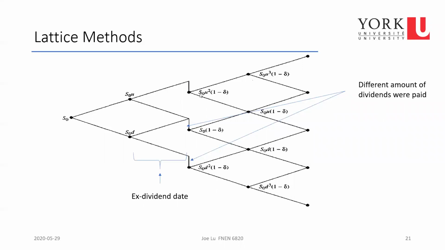And the value of the stock without dividend payment is S naught times U squared for this one. And this will be S naught times U times D, and this one will be S naught times D times D. And this is the pre-dividend stock price. And then the dividend payment is a constant percentage of that stock price.